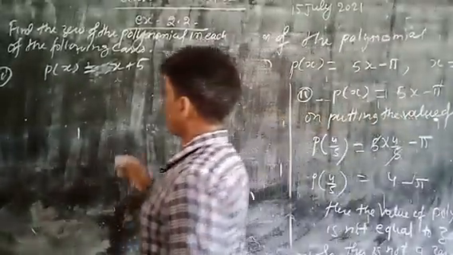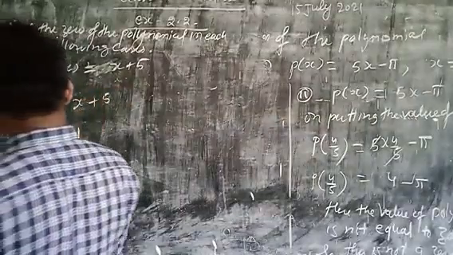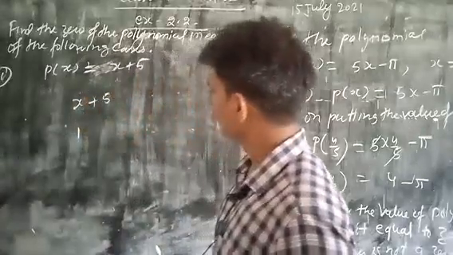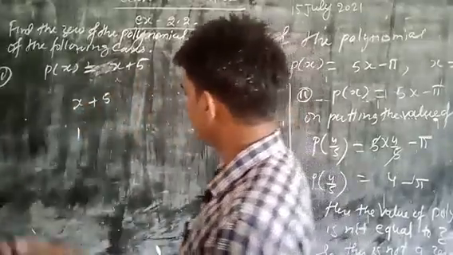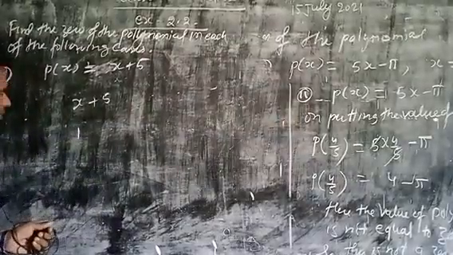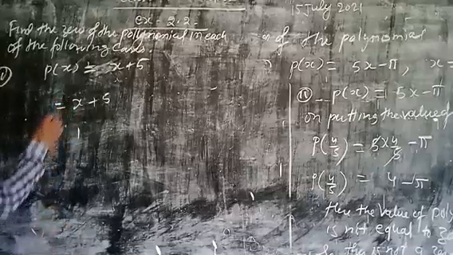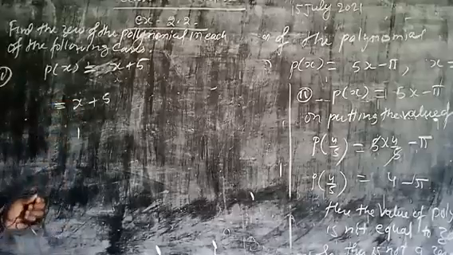Now look here, this is x plus 5. At the place of x we replace any integer or natural number, and if the value of the polynomial is equal to 0, then it is said to be the zero of the polynomial.